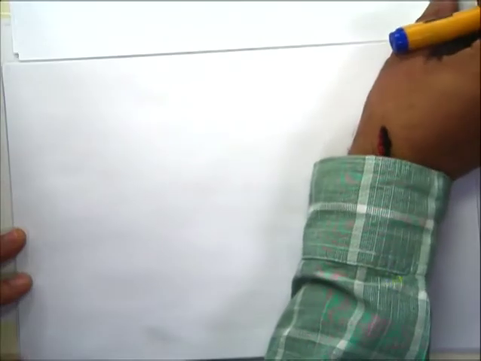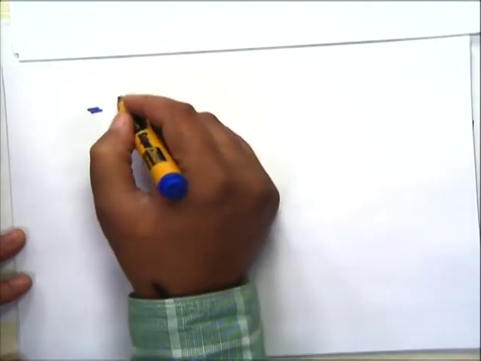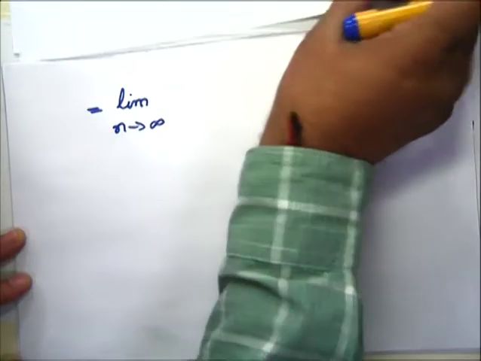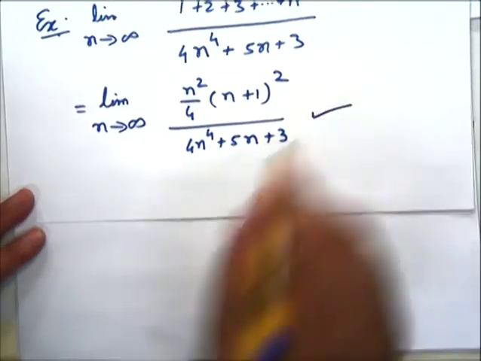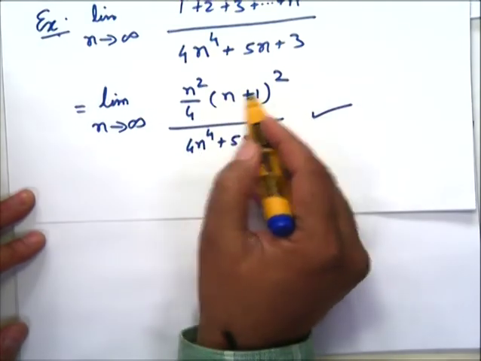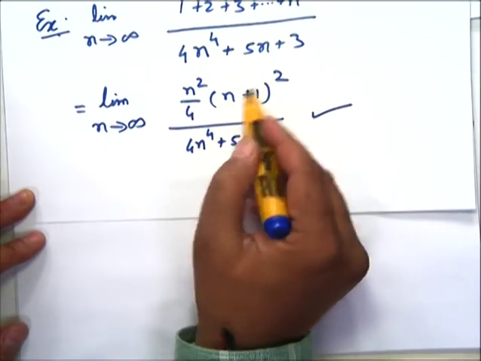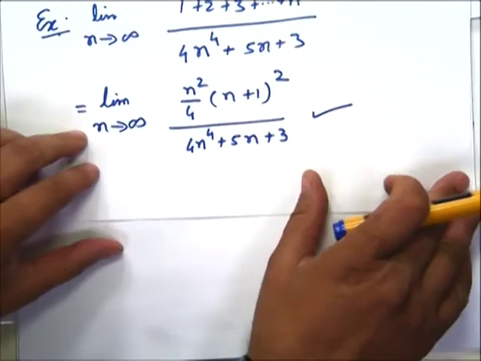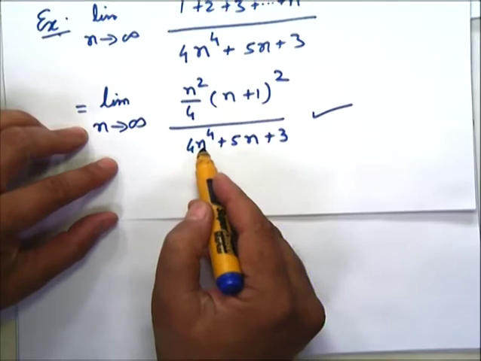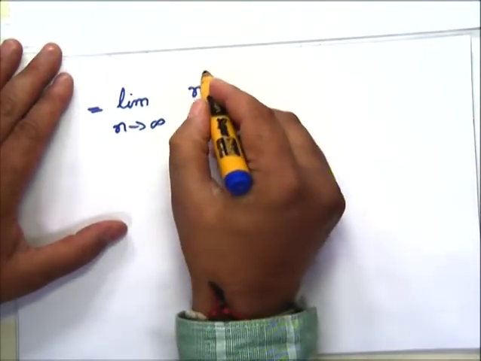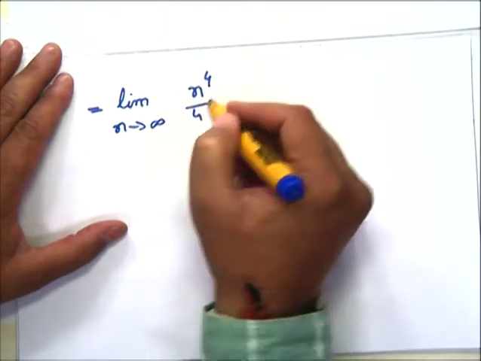That is equal to limit n tends to infinity. Here n is common, and it is a whole bracket square, so n square will come out. So it will be n raised to 4. And here we will use n raised to 4 common.